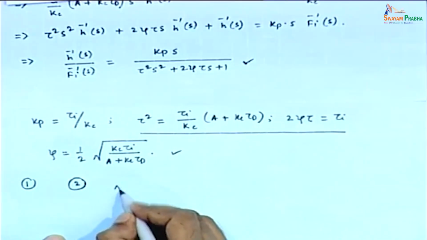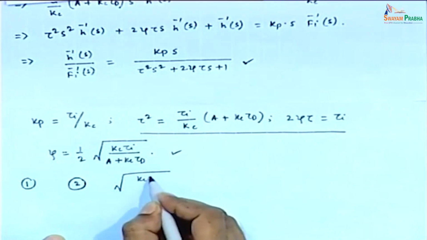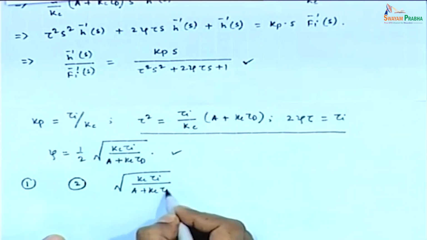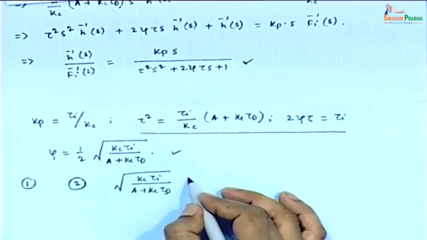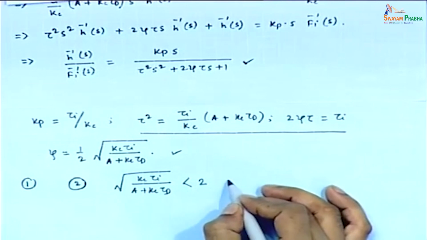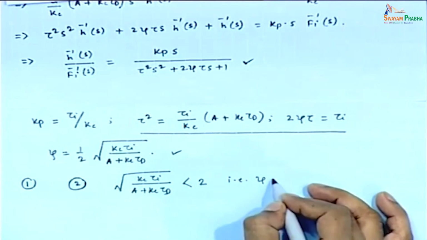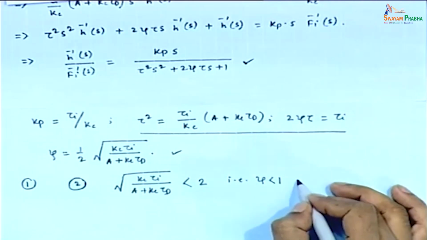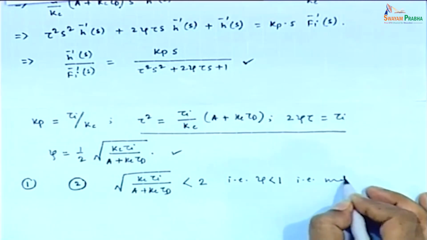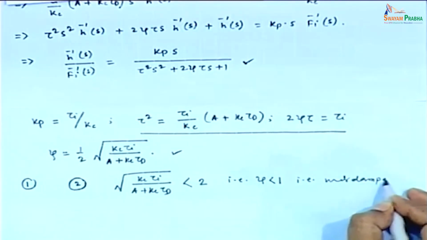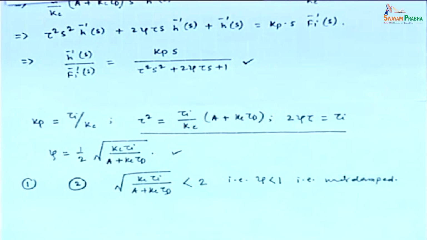If root over of Kc tau I divided by A plus Kc tau d is less than 2, then zeta is less than 1, that means this is underdamped response.